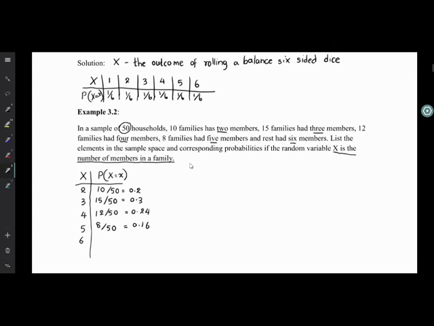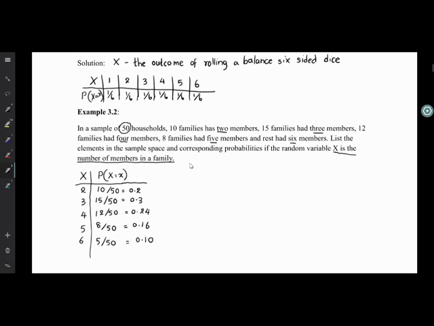If we add up these numbers, 10 plus 15 plus 12 plus 8, up to 5 members, we end up with 45 out of 50. So the rest will be 5 members out of 50, which will be 0.1. Now you see the possible outcomes of the random variable X and their corresponding probabilities.